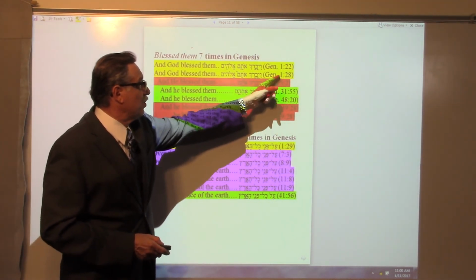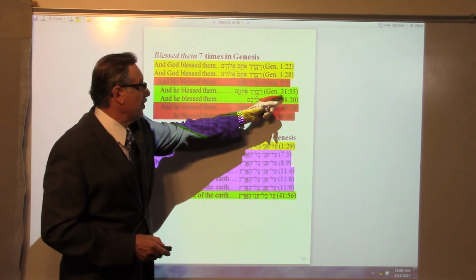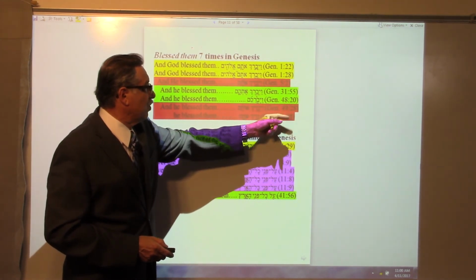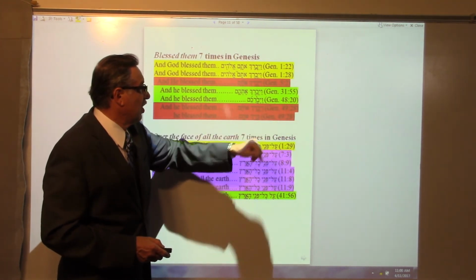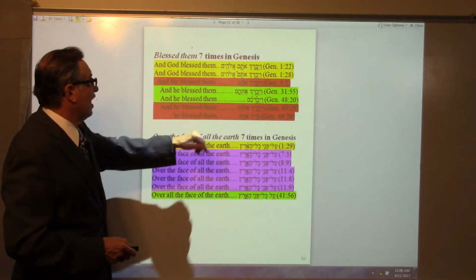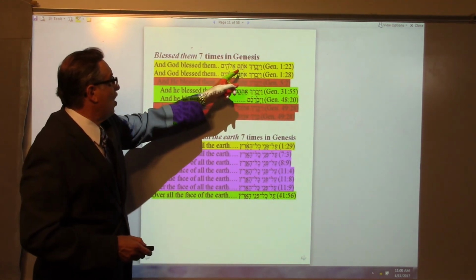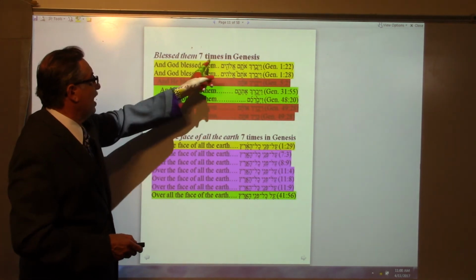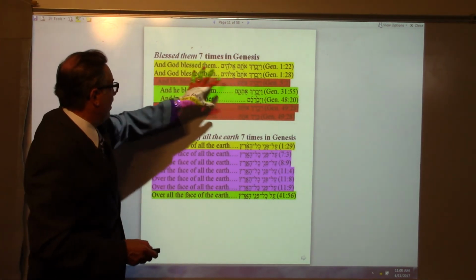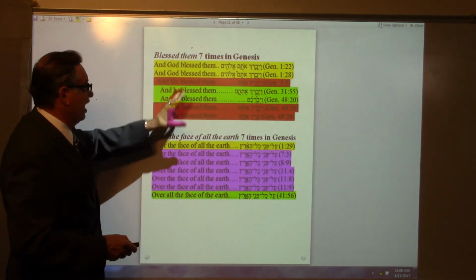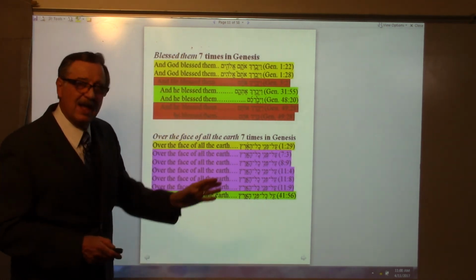Genesis 1:22, 1:28, 5:2, 31:5, 48:20, 49:28, 49:28. Vaybarak Otem Elohim. There you see the Hebrew compared with the English translation exactly 7 times.